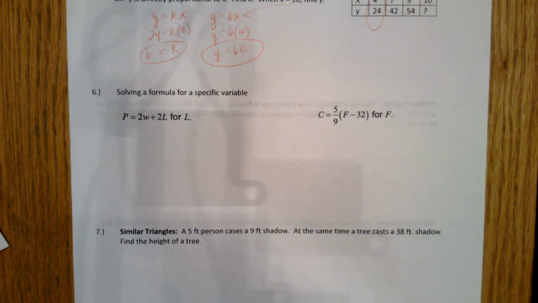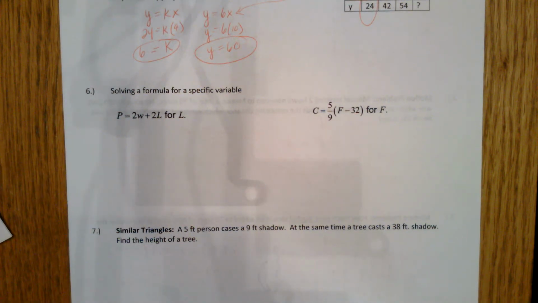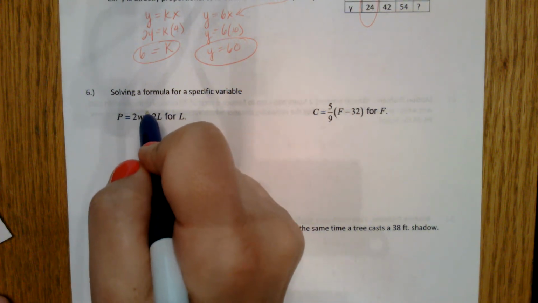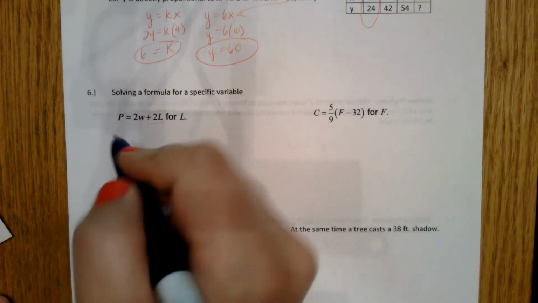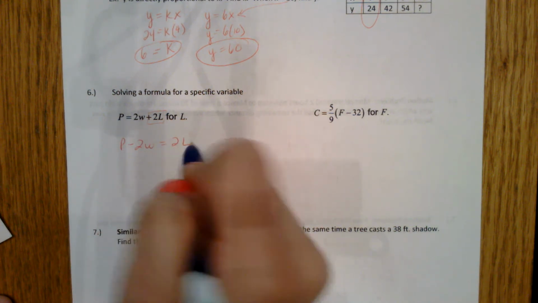All right, solving formulas for a specific variable. Again, if you're really good at equation solving, this should be easy for you. And again, if you're in pre-calculus, you really should be good at equation solving. But we're going to solve for L. We're going to get L all by itself. So we're going to move the 2W over. So P minus 2W equals 2L.